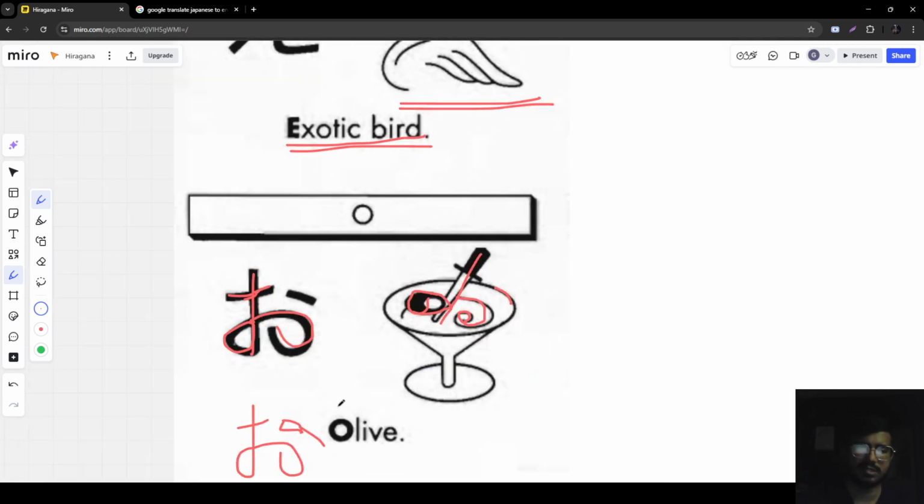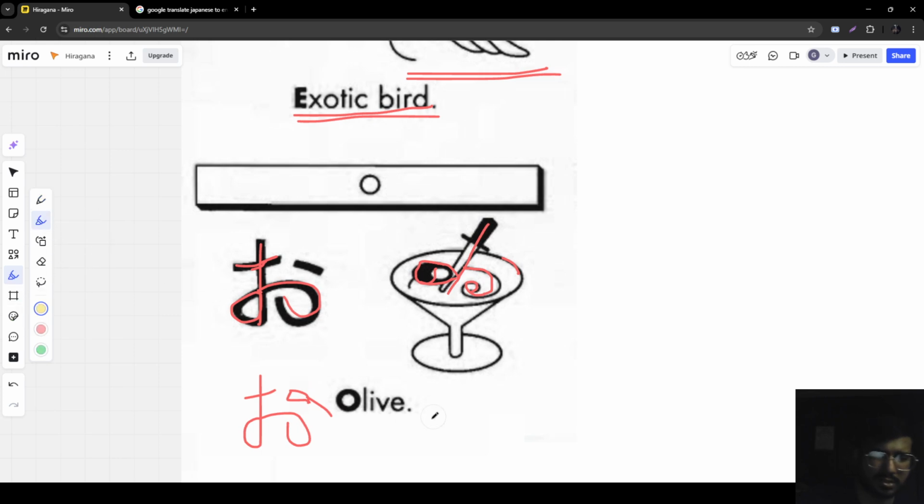The next one is, oh sorry, I had already drawn on this, but I'll be erasing it. इसे कर लिया इरेज। अब ये है ओ, इसका तो प्रोनाउंसिएशन ओ ही है, सेम एज द alphabet O. How do we remember this?